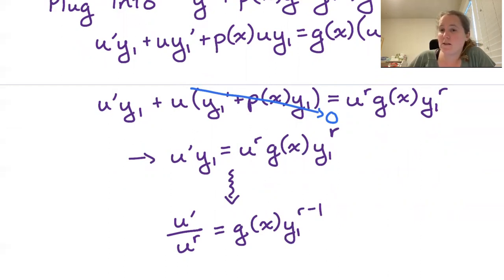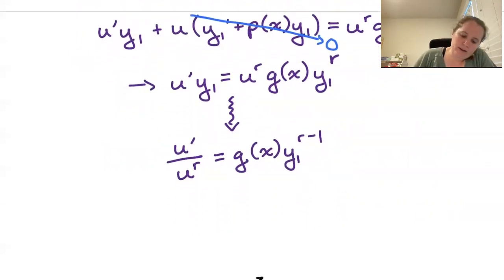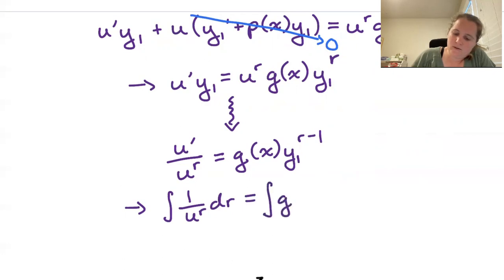Again, y1 is a solution in terms of x, and we already know y1 at this point. So we get that the integral of 1 over u to the r du is equal to the integral of g of x times y1 raised to the r minus 1 dx.